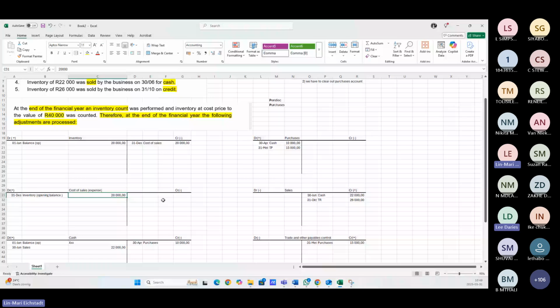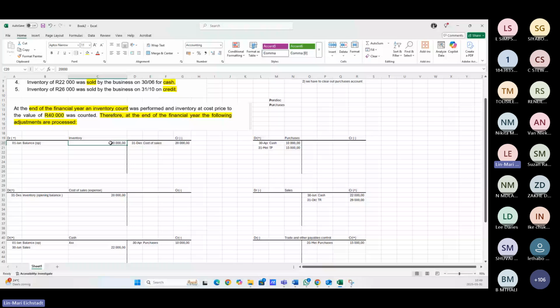Then in the new financial year, any new expenses go to our expense account or our cost of sales account. So the fact that I wrote opening balance here was just to show that we take our inventory's opening balance to cost of sales.